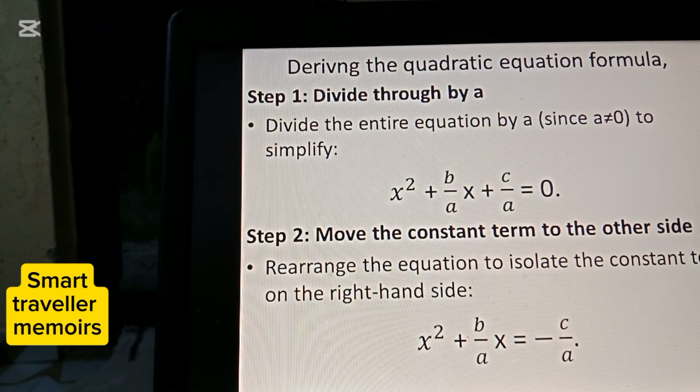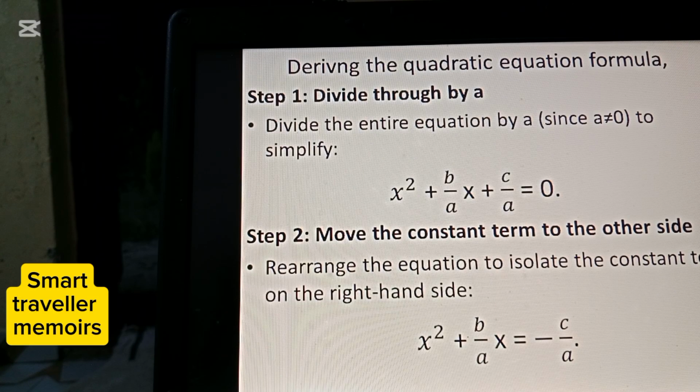Step 1 is you divide throughout the equation by a. That is, each term you divide by a. And when you do that, you get x squared plus b over a x plus c over a is equal to 0.